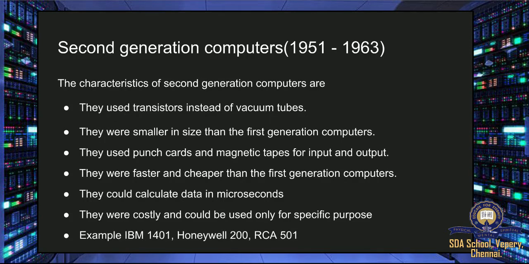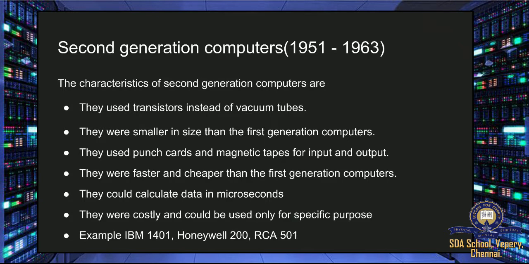In the first generation computers, they used punch cards as input and output device, but here they use punch cards as well as magnetic tapes for input and output devices. The first generation computers were slow in speed, but here in the second generation they were faster than the first generation computers.